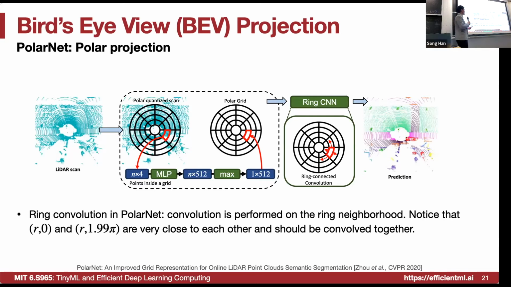This illustrates the process of ring connected convolution. For example, R and 0, and R and 1.99, something very close to 2 pi, are very close to each other and should be convolved together. Since convolution is related to finding neighbors, this is a special thing we have to take care of in the rings.